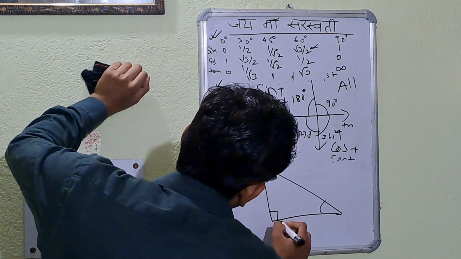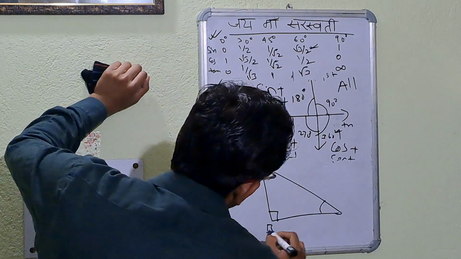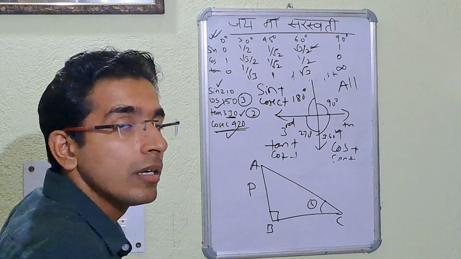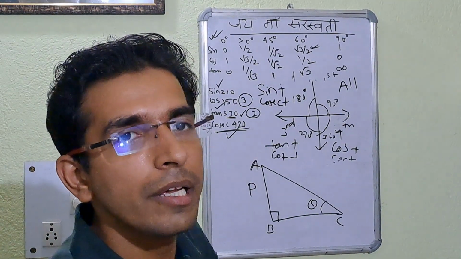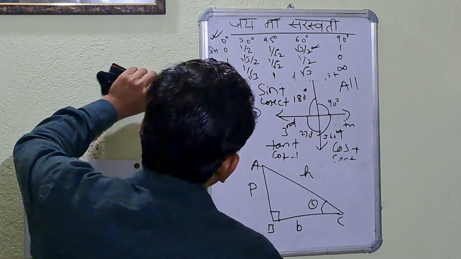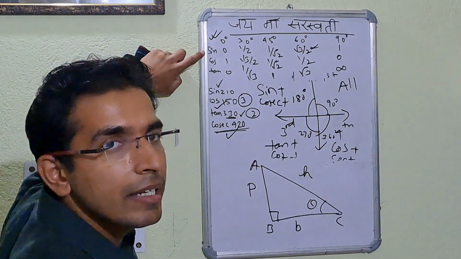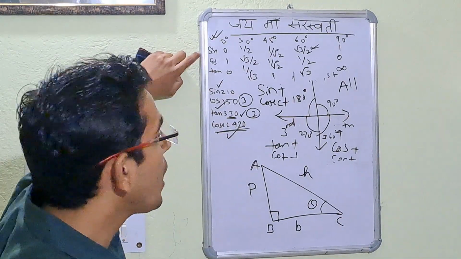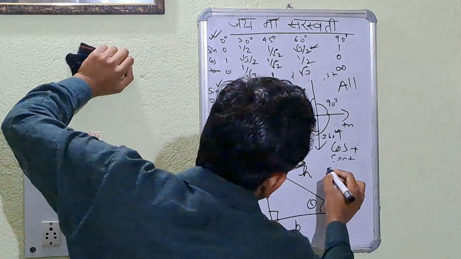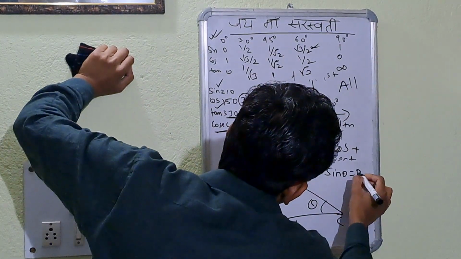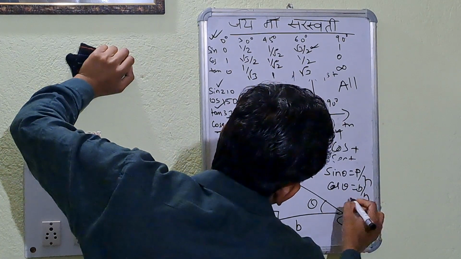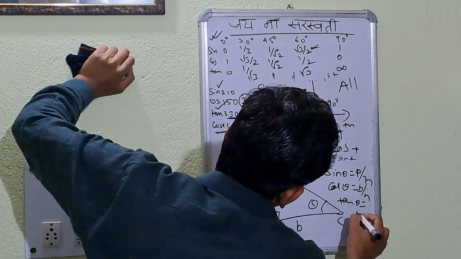So it is a right angle triangle with a 90 degree angle, A, B, C. The side opposite to the angle is the perpendicular. One side is hypotenuse and one side is base. So whenever we want to calculate sine theta, it is the ratio of perpendicular to the hypotenuse, P by H. Sine theta is equal to P by H. Cos theta is equal to base by hypotenuse, and tan theta is equal to perpendicular by base.